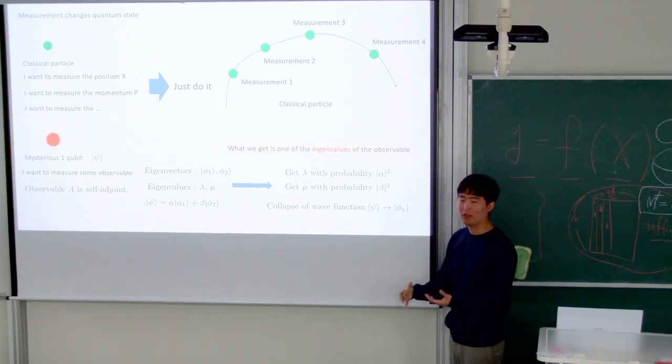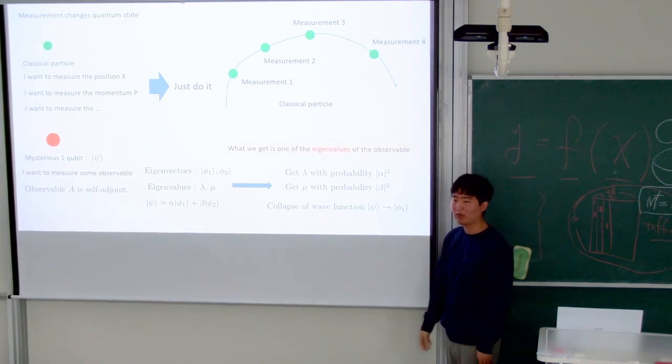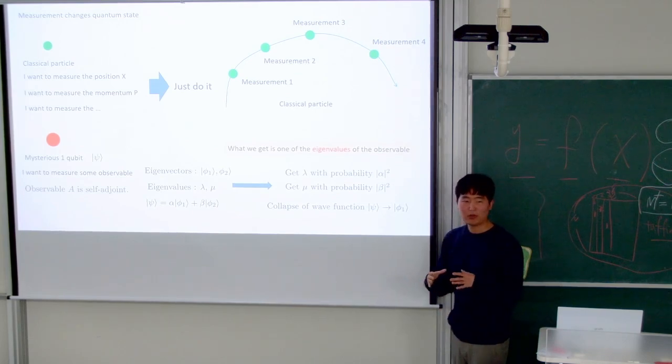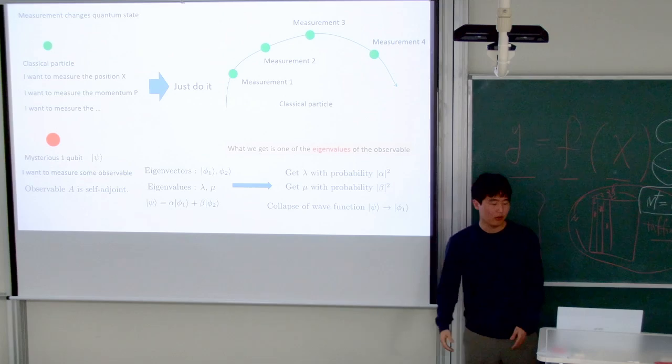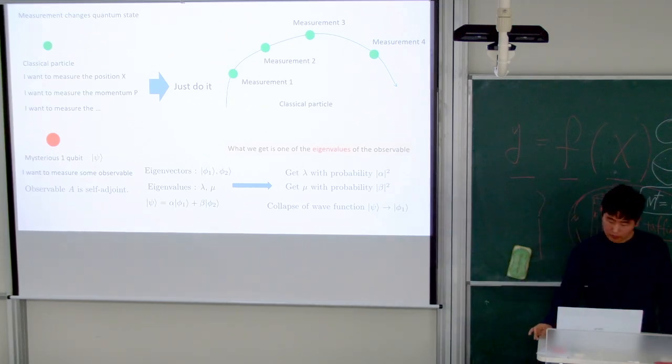So the state changes if you measure it. One measurement alters the quantum state. So a stochastic system basically becomes a deterministic system. The original qubit is between lambda and mu, there are 2 states, but if we observe it, then it becomes just one eigenvector. That's Schrodinger's cat.